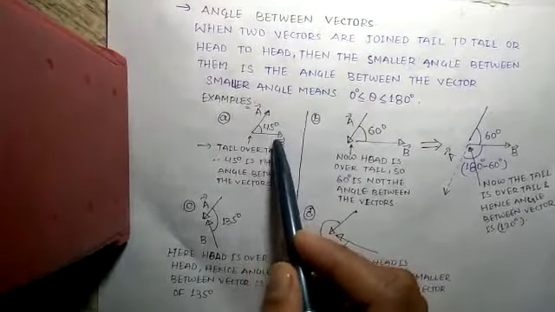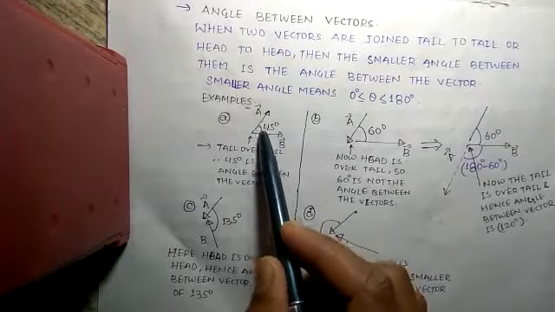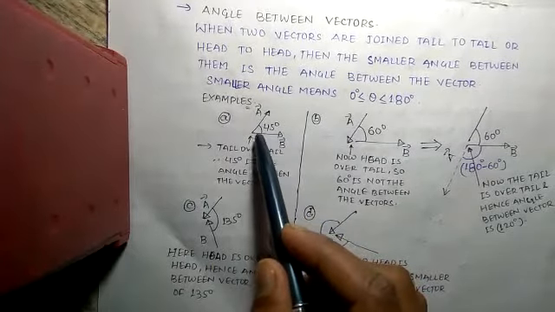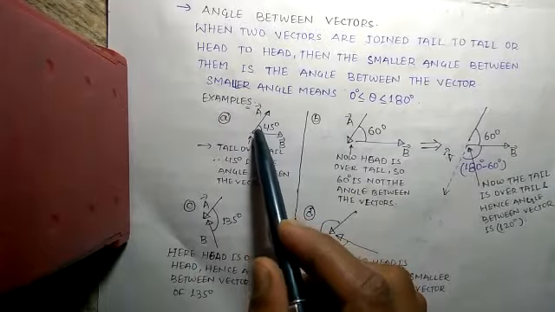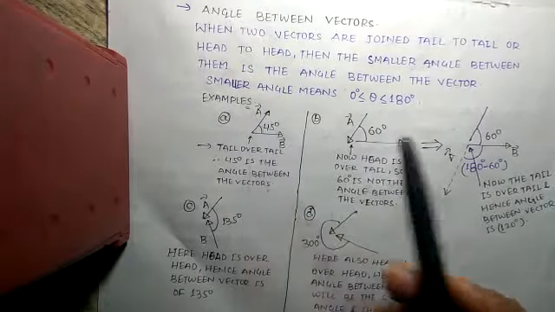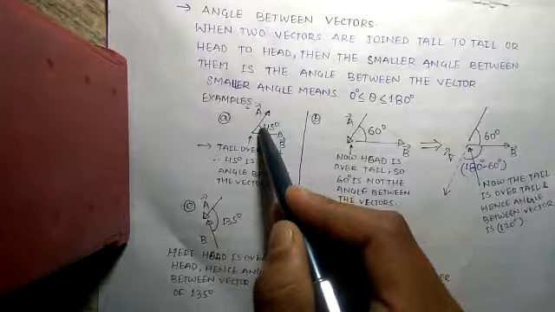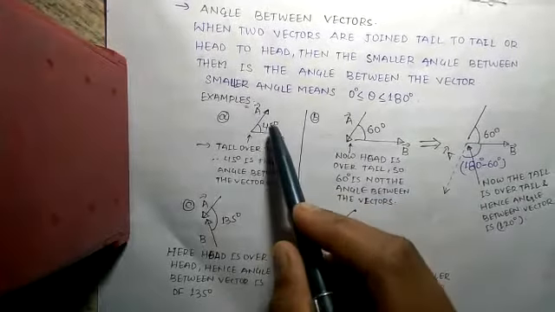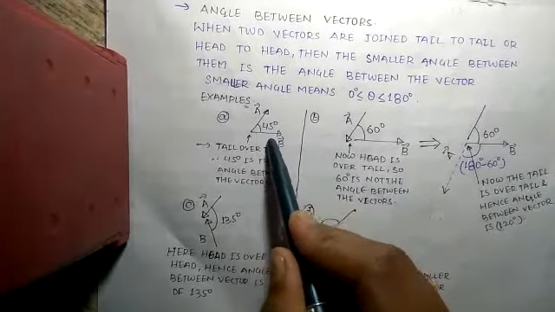Here a vector and b vector are marked, and the angle between them is 45 degree. Clearly we can see that the tail of b vector coincides with the tail of a vector, and hence the smaller angle between them, 45 degree, is the angle between a vector and b vector.